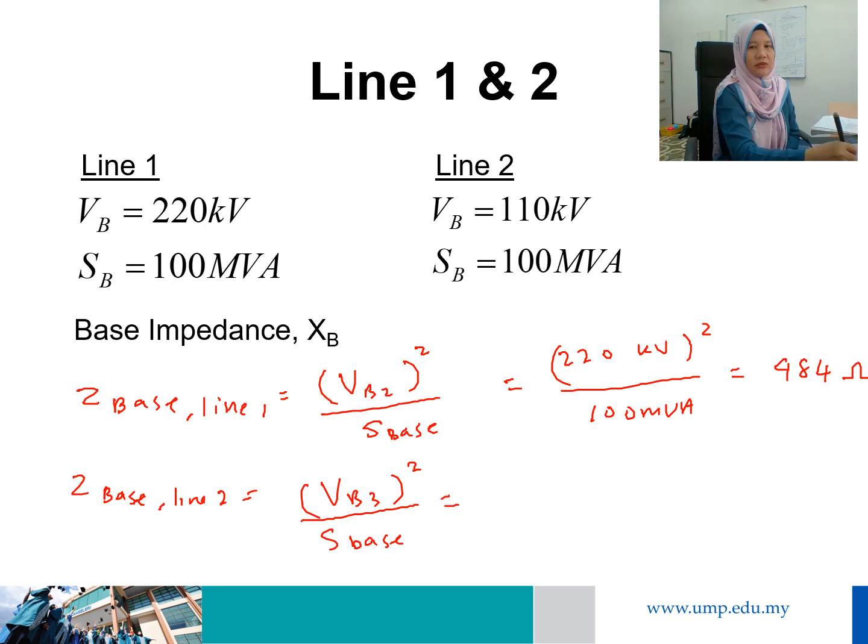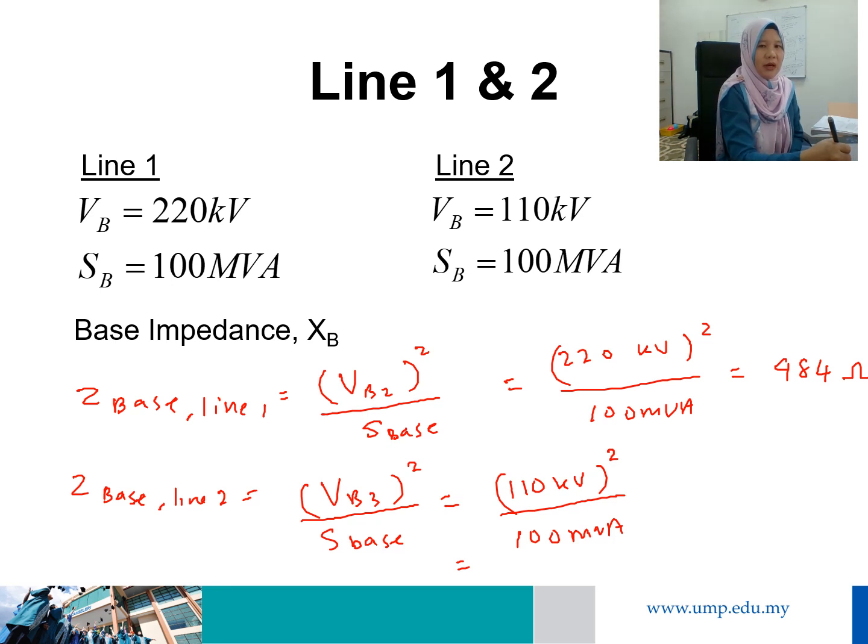So this is equal to 110 kV squared divided by 100 MVA, and we get the base impedance for line 2 is equal to 121 ohm.